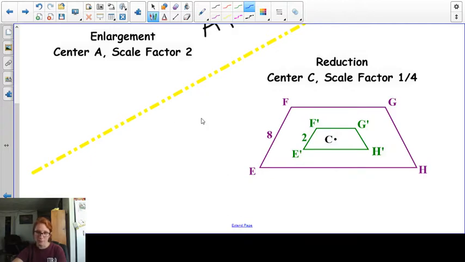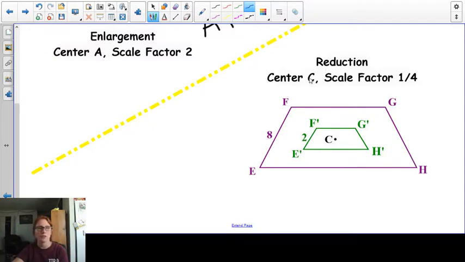This one, which is the original, the purple or the green? Good, the purple. The reason being is the purple doesn't have those prime notations, or those apostrophes with them. So this one, if you notice, is not centered at a specific vertex. It's actually centered in the middle. So in this case, it's centered at that C point.